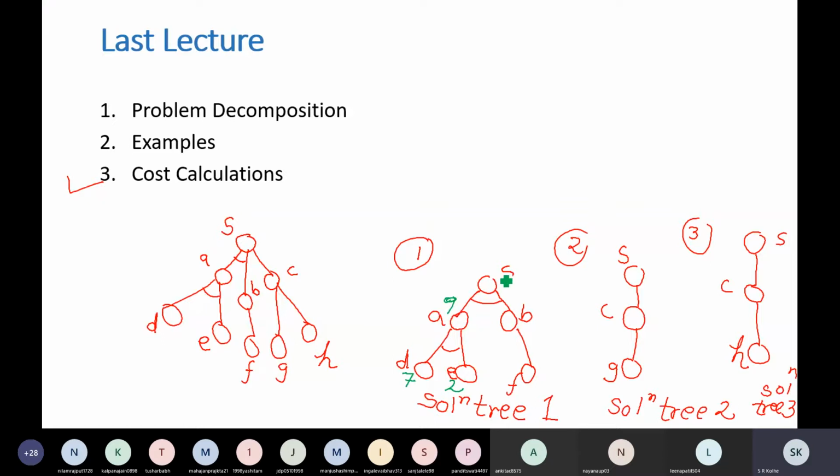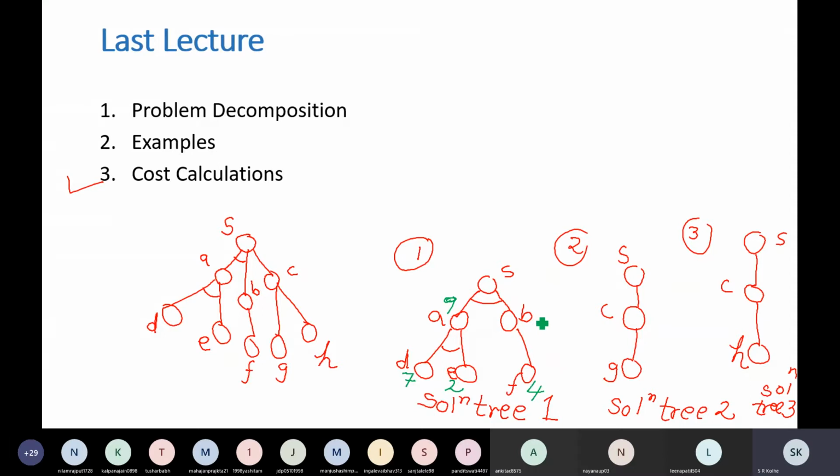What will be then cost associated with S? That also depends on B, right, that depends upon cost associated with B. Cost associated with B depends on cost associated with node F. So suppose right now after generating F, cost associated with F is found to be 4.